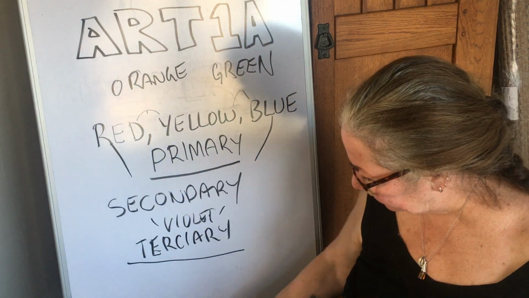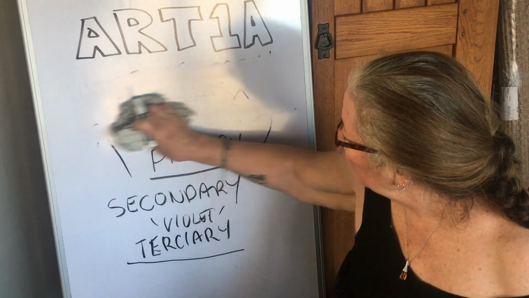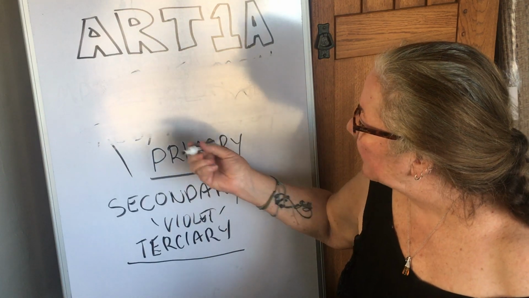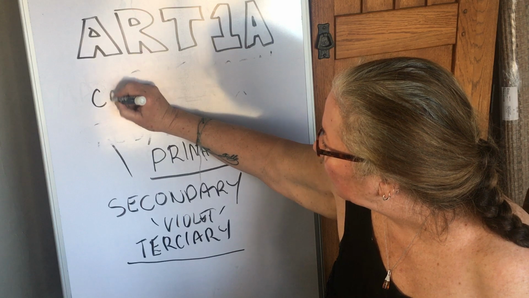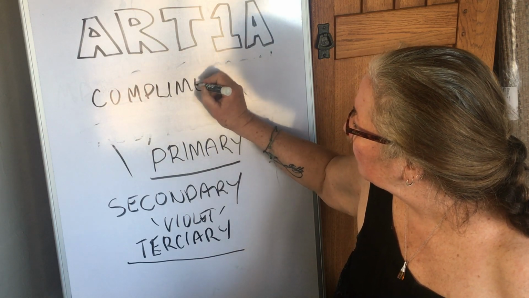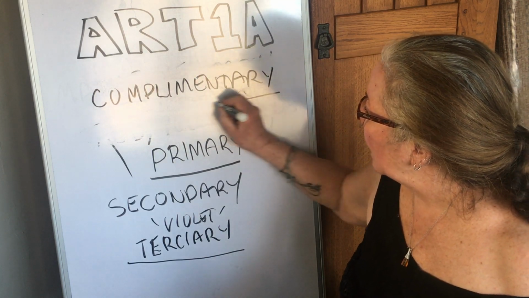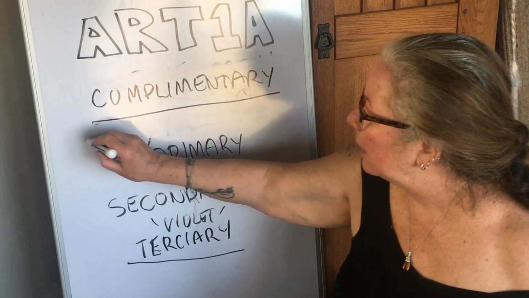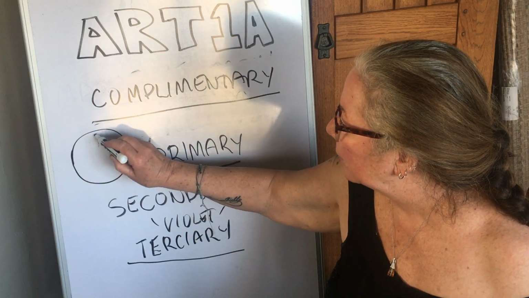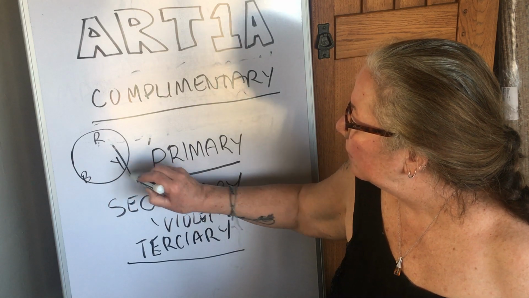Complementary colors. Complementary colors are colors that are opposite on the color wheel. So that means if you have a color wheel and you've got the primary colors of like red, blue, and yellow, right?